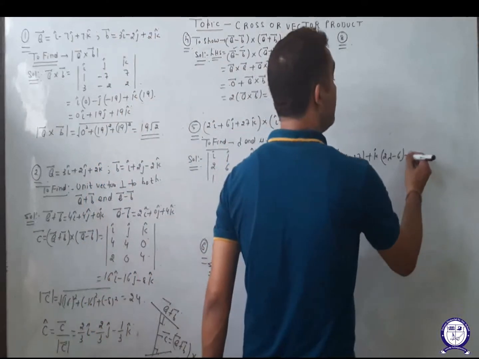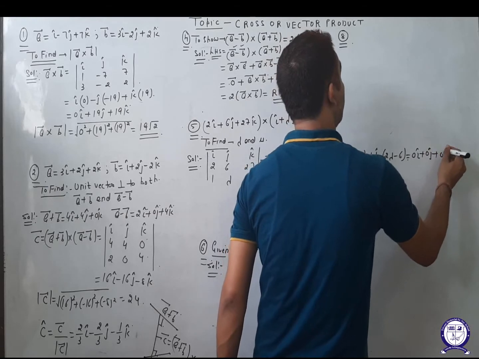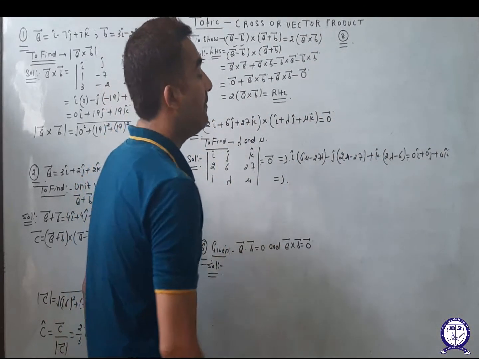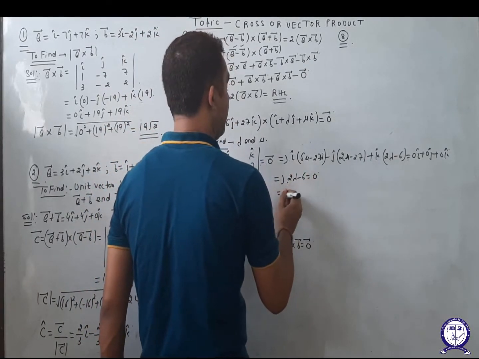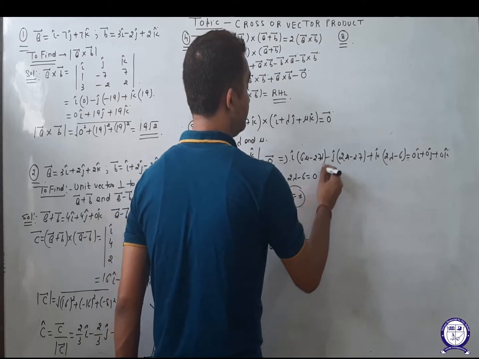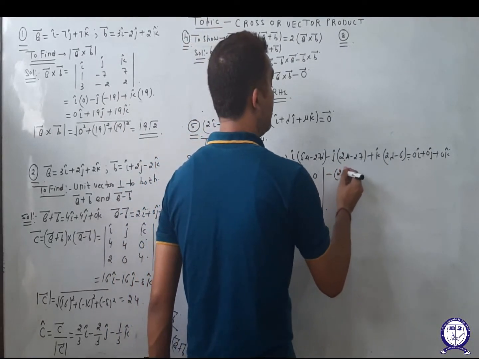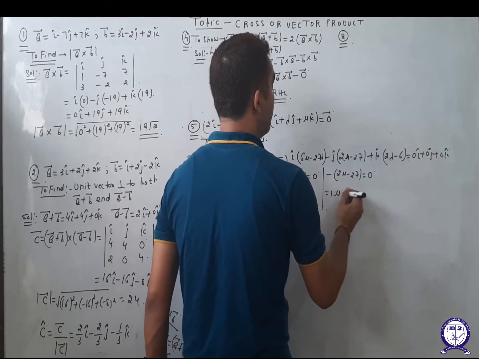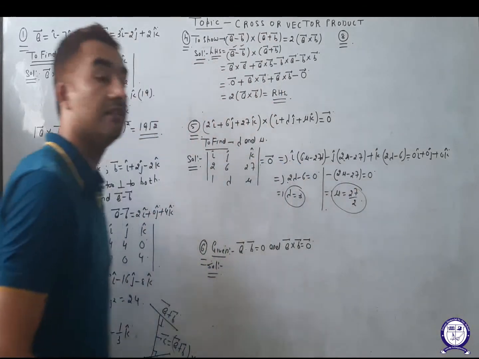That means it is equal to 0 i cap plus 0 j cap plus 0 k cap. Just compare k with k, we get 2 lambda minus 6 is equal to 0, implies lambda is equal to 3. Here j with j, 2 mu minus 27 is equal to 0, implies mu is equal to 27 by 2. We got the answer.